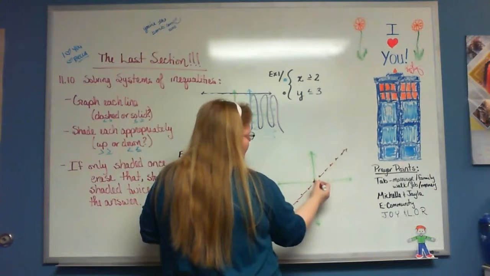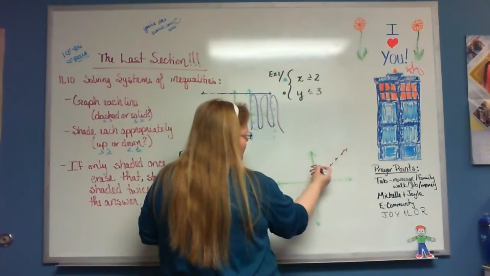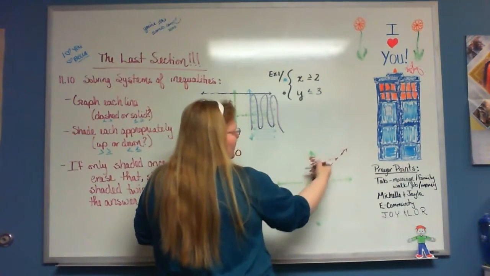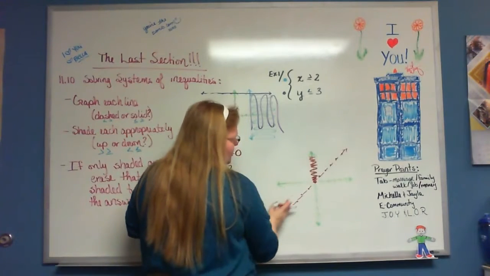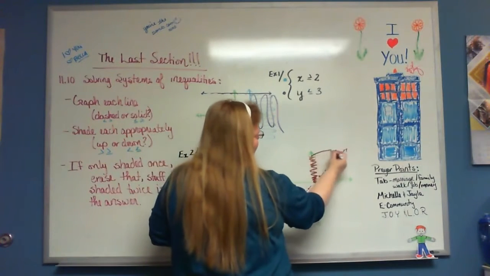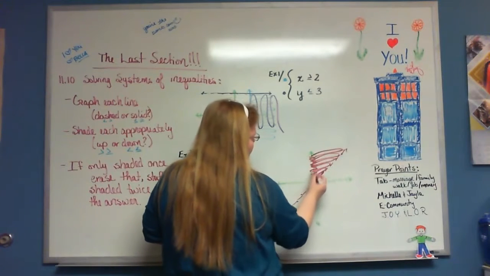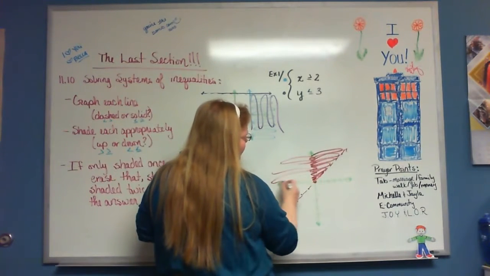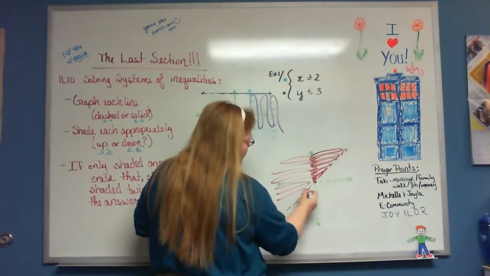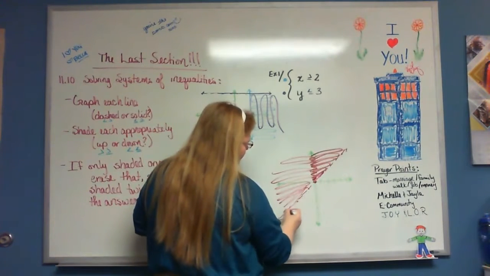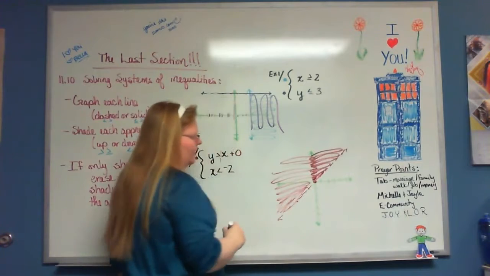So all the stuff up on this y-axis is what gets shaded. Then you expand it out to cover all the way to the line. So it's going to be all of that, all of up here, and all of down here, all the way up to that line.